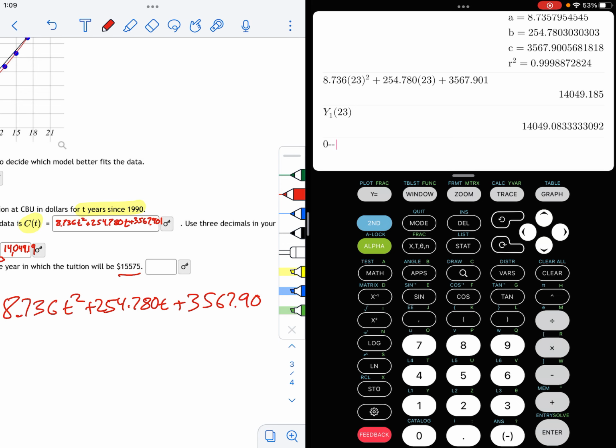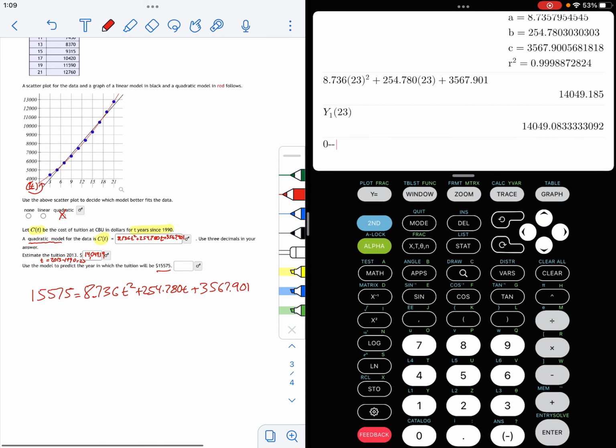Now, that's a pretty big, ugly equation to solve. We could subtract and use the quadratic formula, but that would be pretty ugly. So we want to use a graph approach here.